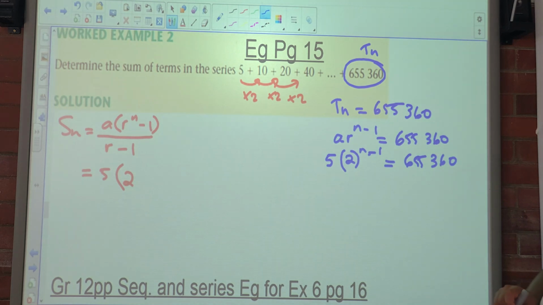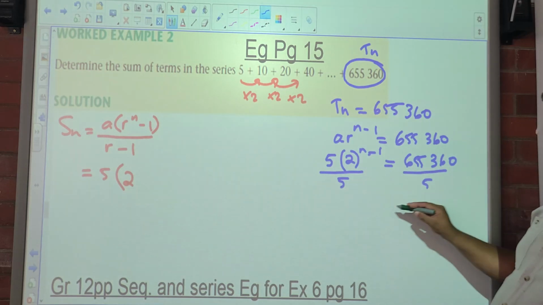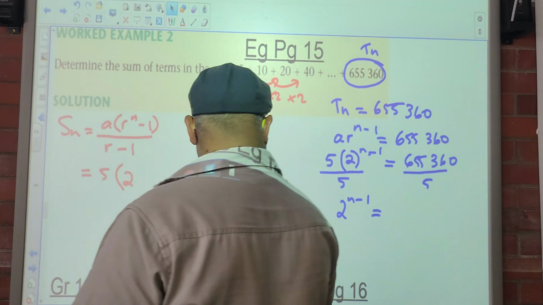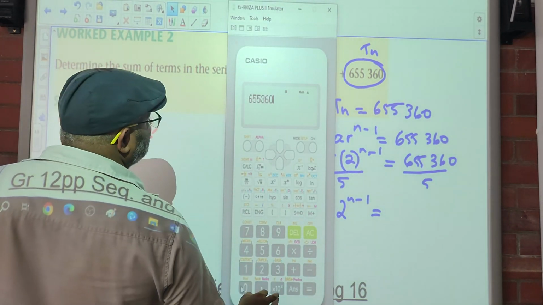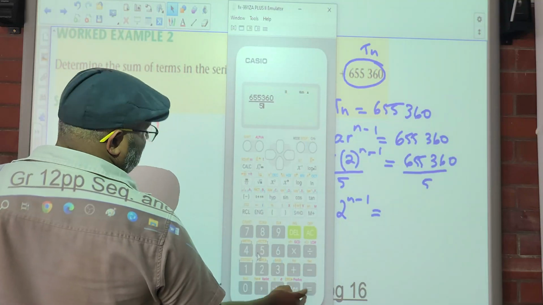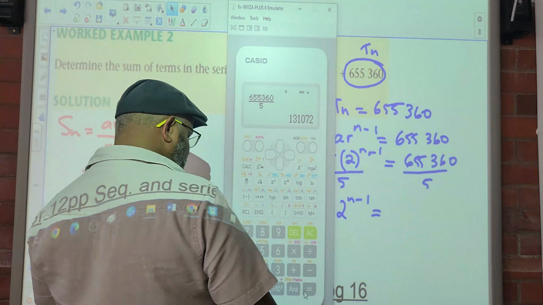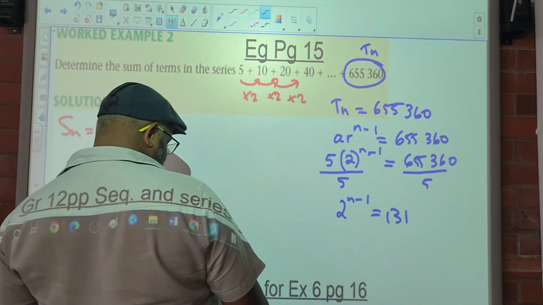So what do I do now? Divide by 5 both sides. So it's 2 to the n minus 1 is equal to 655,360 divided by 5, which gives you 131,072.